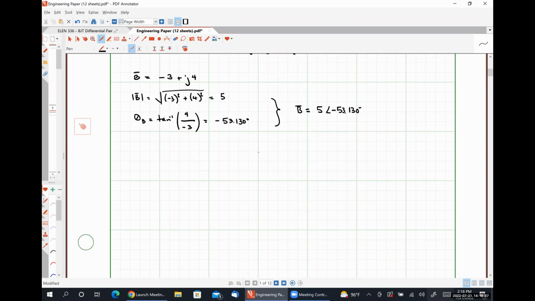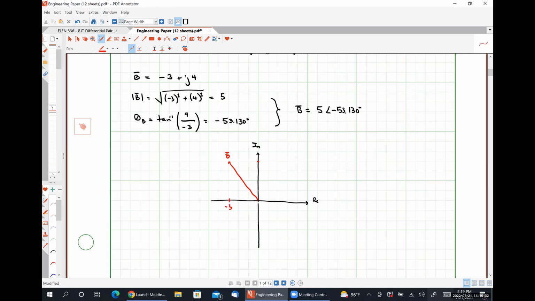If we plotted our number on the complex plane, where this is the real axis and this is the imaginary axis, we would go back 3 units, up 4 units. So this is what B should be, right?